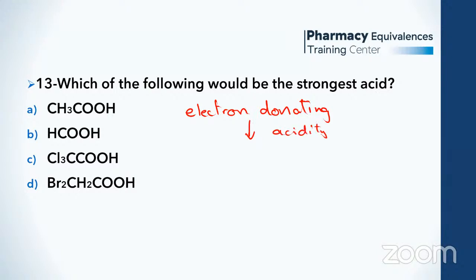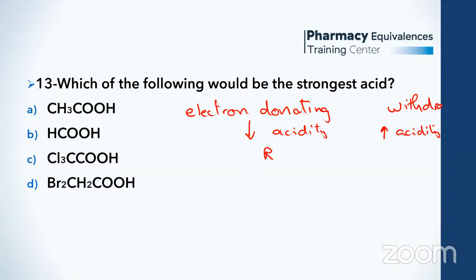On the other hand, electron withdrawing groups increase the acidity. Okay. Electron donating like what? Like alkyl group.